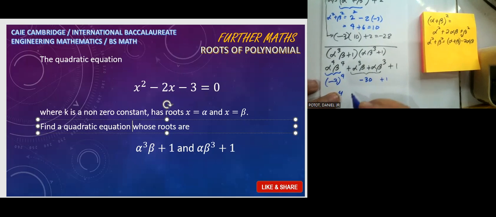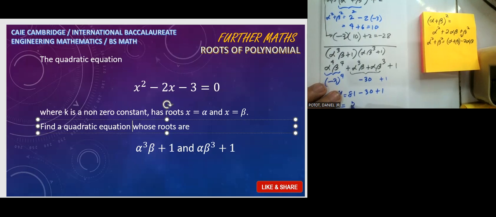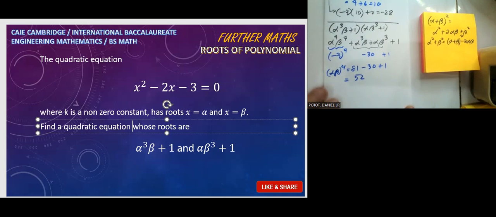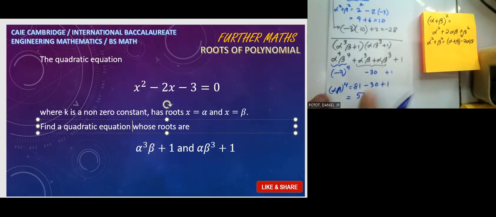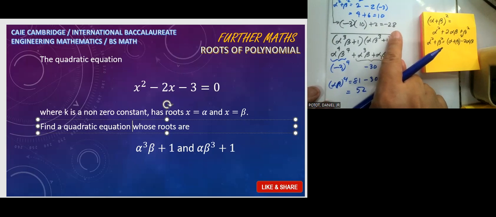So that is now equal to 81 minus 30 plus 1. 81 minus 30 is 51, plus 1 is 52. So this is now the product, and that is now the sum.